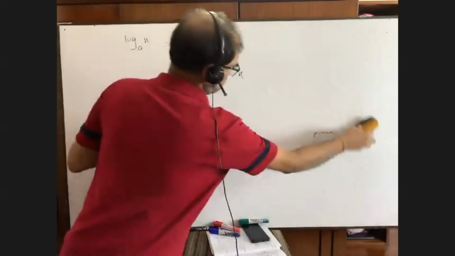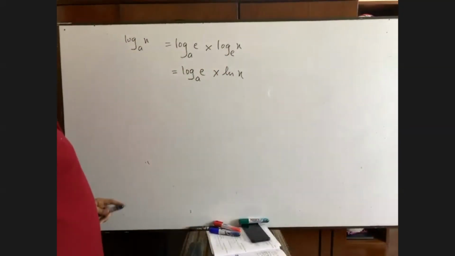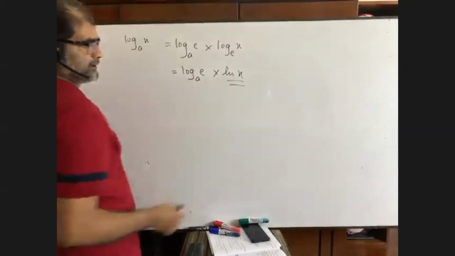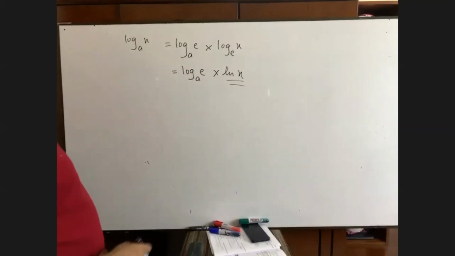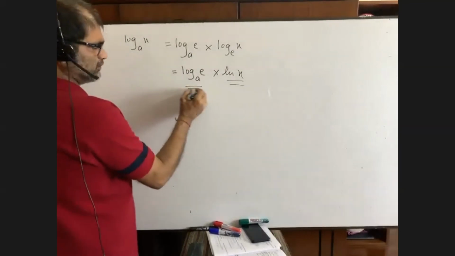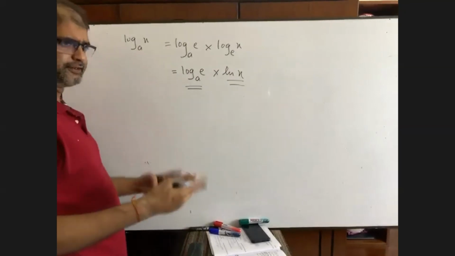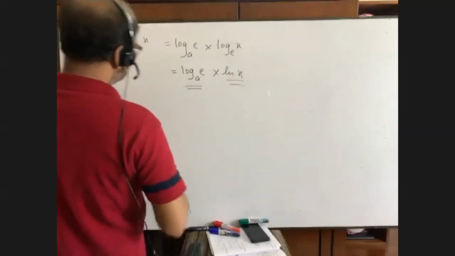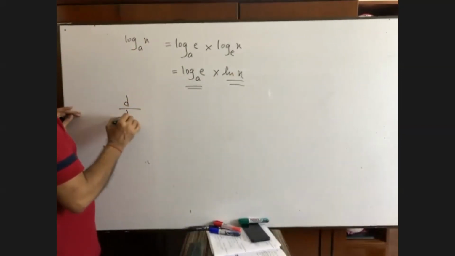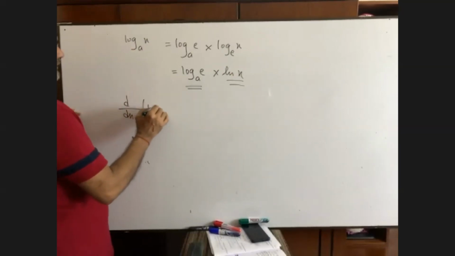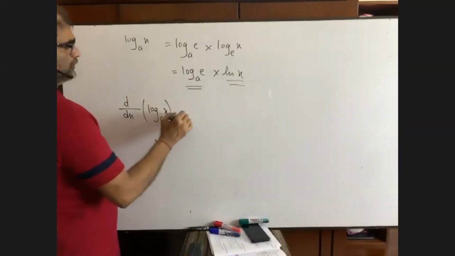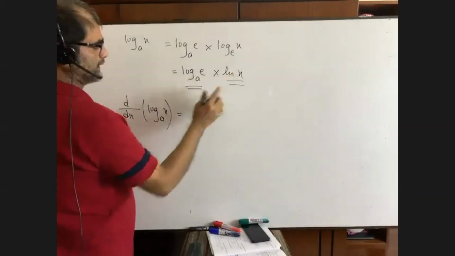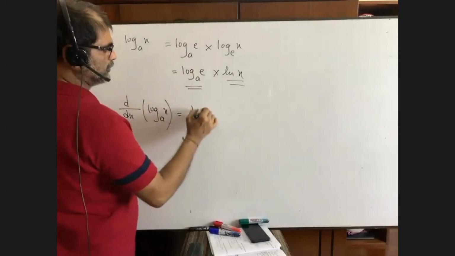Now, what will you do? You will just differentiate ln x like the previous math. It is a constant term as there is no x, right? So we are getting d by dx of log a base x is equal to ln a into 1 by x.